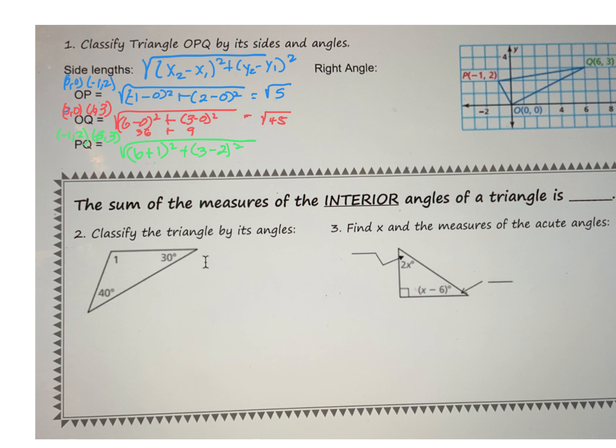So that gives me 7 squared, which is 49, and then 1 squared, which is 1. So this right here gives me the square root of 50. So we know for sure it's going to be a scalene triangle, because none of the sides are the same. So it is a scalene triangle.